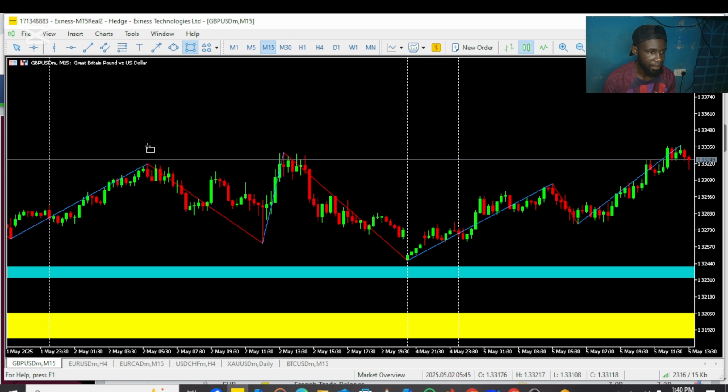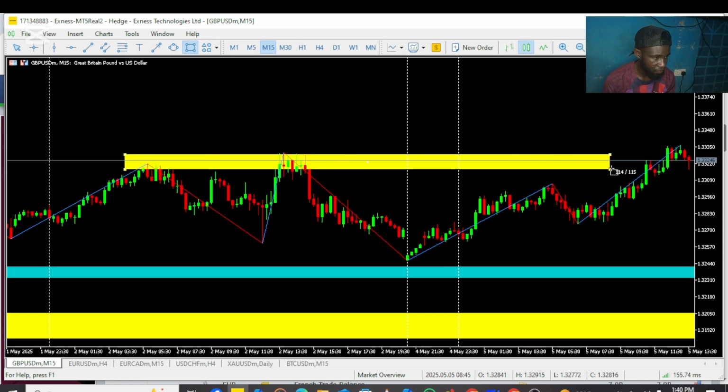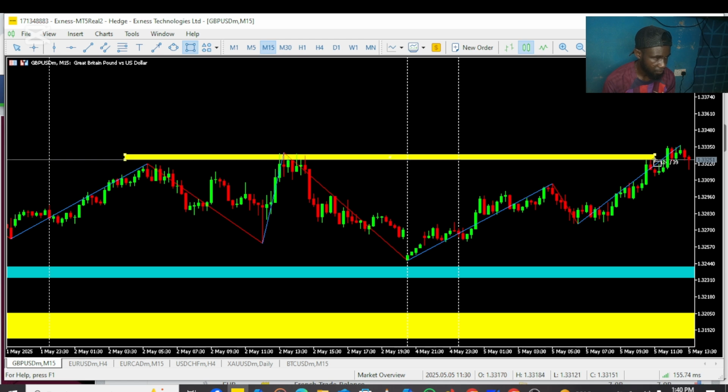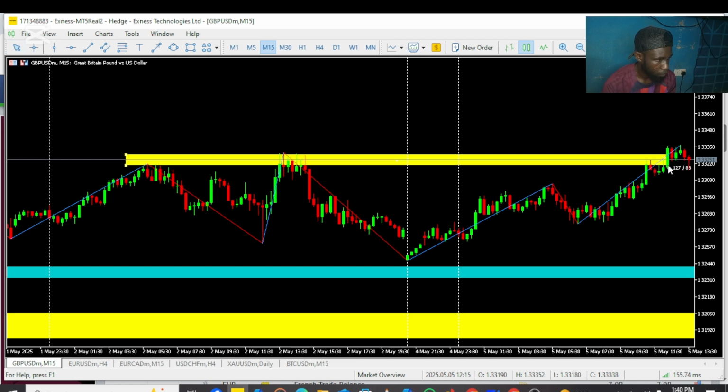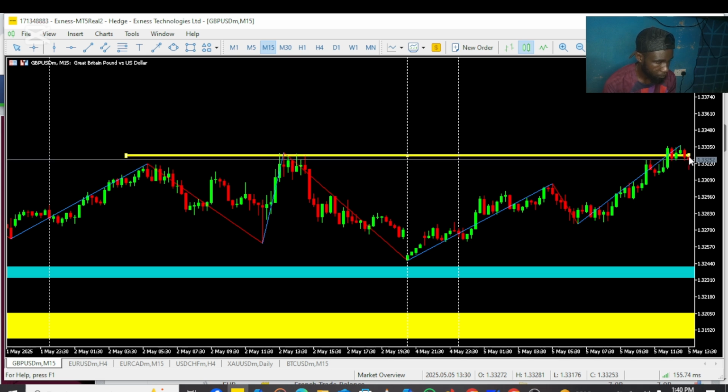So on the 15 minutes time frame, I will draw my resistance zone. This one is not a stronger zone as you are seeing, because it is a lower time frame zone, so you cannot depend on this zone. This is my resistance zone.